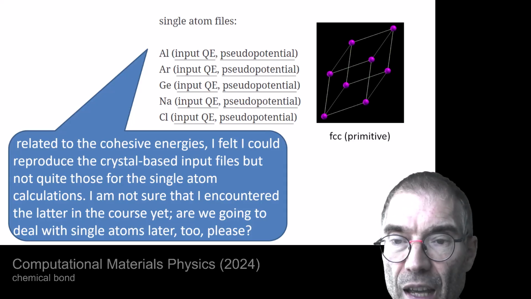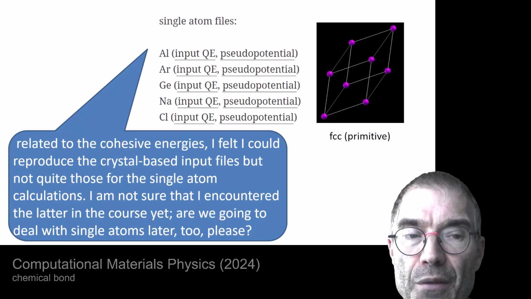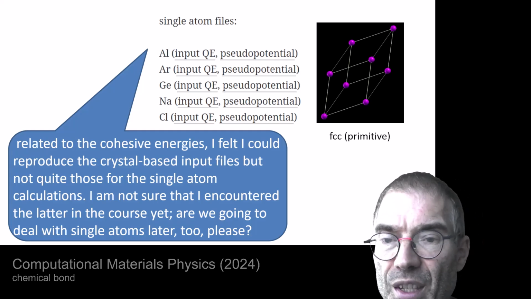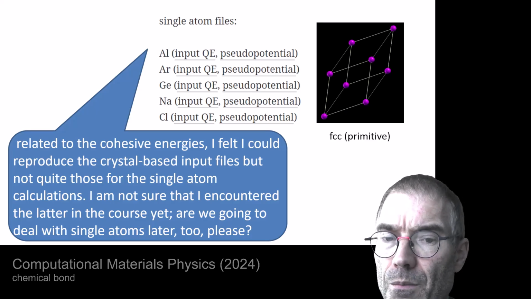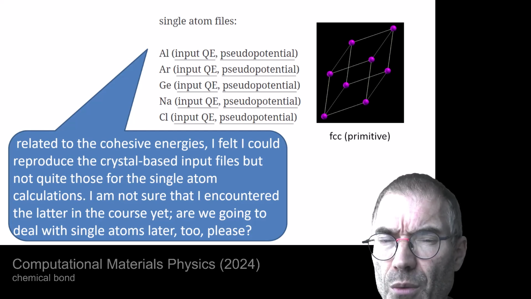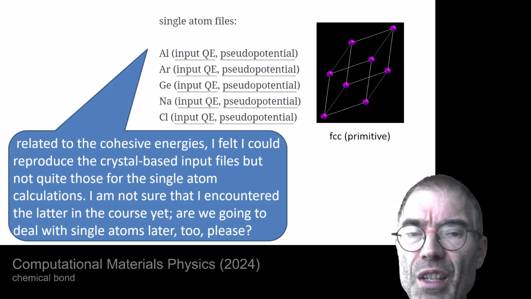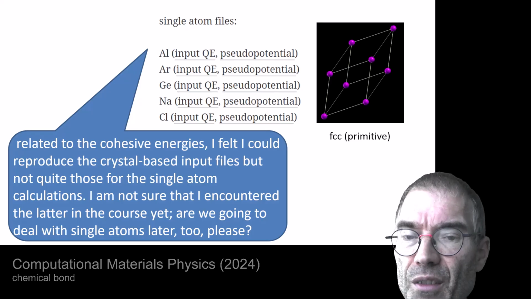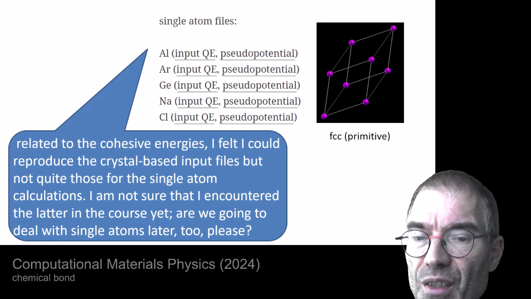Okay, so you have downloaded these FCC unit cells that are essentially for free atoms, and wait, what was this question again? Let me read it. Related to the cohesive energies, I felt I could reproduce the crystal-based input files, but not quite those for the single atom calculations.